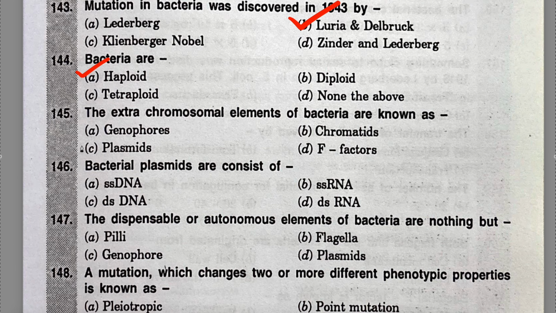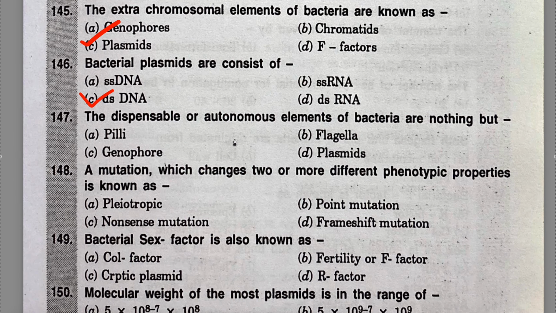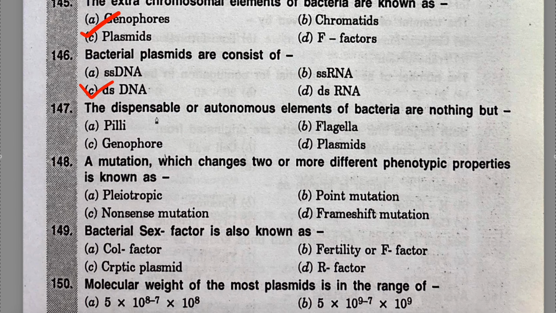Yes, it is plasmids. 146. Bacterial plasmids consist of ssDNA, ssRNA, dsDNA or dsRNA. Answer is double-stranded DNA. 147. The dispensable or autonomous elements of bacteria are nothing but pili, flagella, ionophore or plasmids. Answer plasmids.